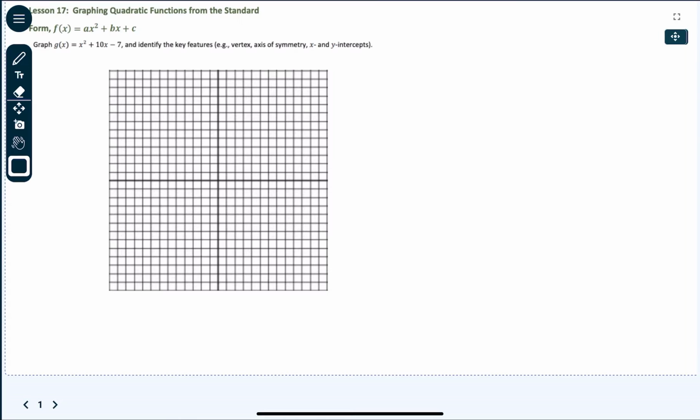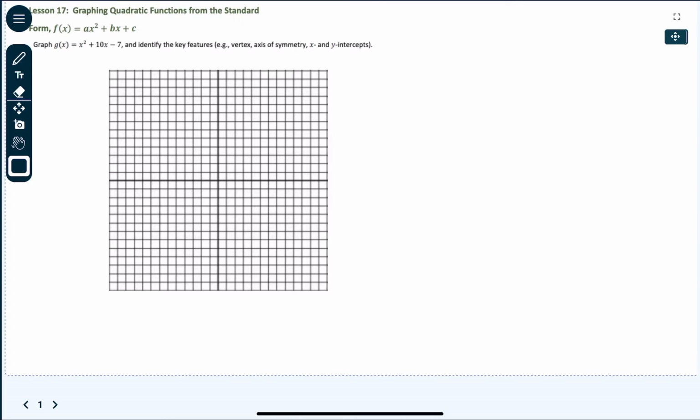What can you look at in the Standard Form and find right now? Okay, we can find A, B, and C, but there's something specific to this graph that we can find. The y-intercept. We know exactly what the y-intercept is.